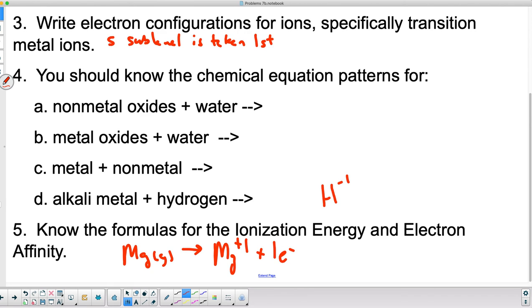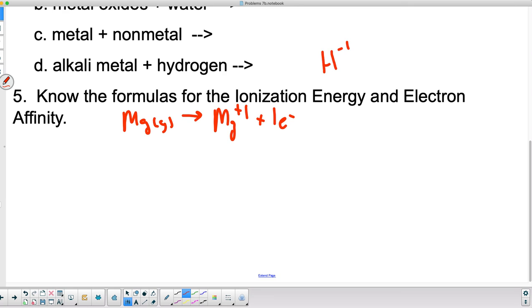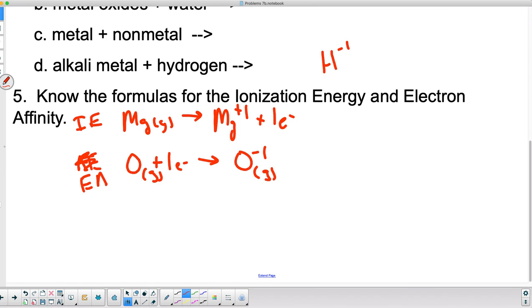Okay, and then it's going to be the opposite for electron affinity, where I have oxygen, and then it's plus 1 electron like this, and then it goes to oxygen with a -1. And of course, this is gas for both of these here also, like that. Okay, so this is ionization energy, and this is electron affinity. Good. Okay, good luck.